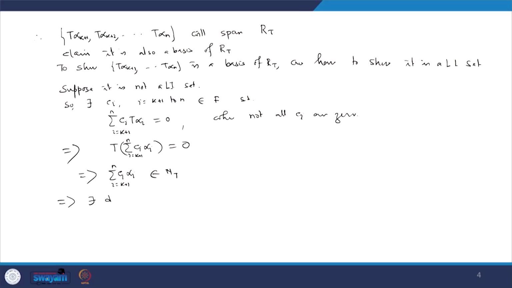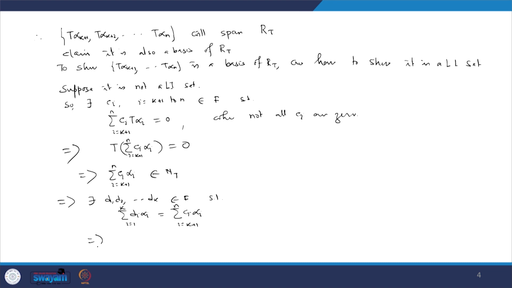So, there exist d1, d2, ..., dk belonging to F such that sigma d_i alpha_i, i equal to 1 to k, equals sigma c_i alpha_i, i equal to k plus 1 to n.